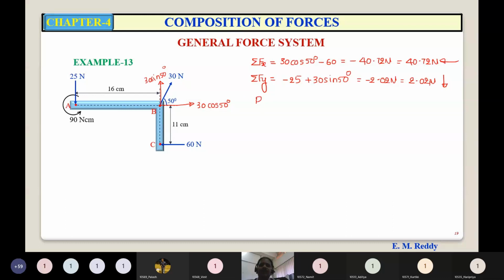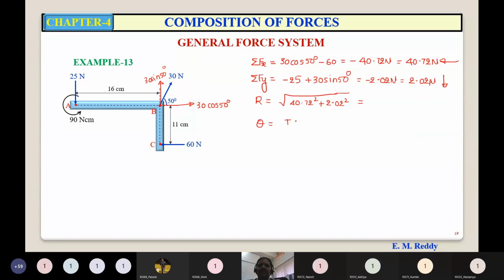Then you have the magnitude of resultant, square root of summation Fx square plus summation Fy square.